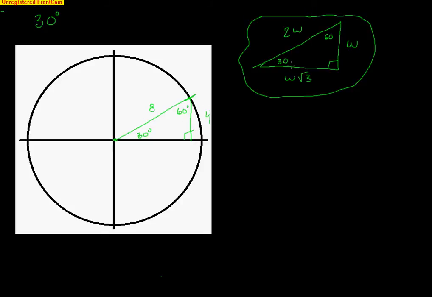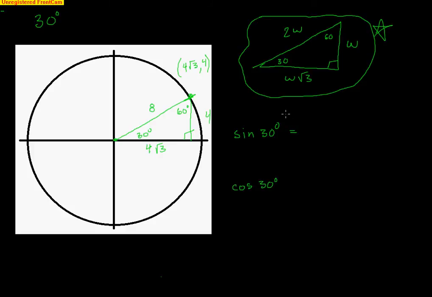Again, because remember, the hypotenuse is twice the side across from 30, which means that the length down here must be 4 radical 3. So I'm just using this idea that I learned up here, and I know that this point right here is going to have a horizontal x value of 4 radical 3 and a vertical height, a y value of 4. Now I can find sine of 30 degrees, and I can find cosine of 30 degrees using what I just found out.